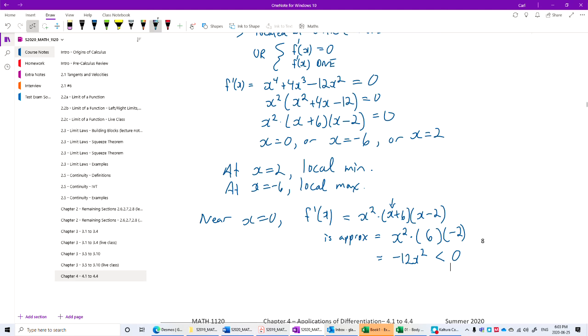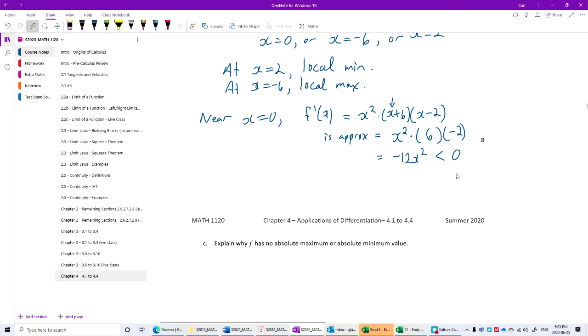So it actually looks, if we could zoom in on it, like a cubic function. So it would look like it goes like this and then like this near 0. So decreasing, then it's flat for just a moment, and then it's decreasing again.